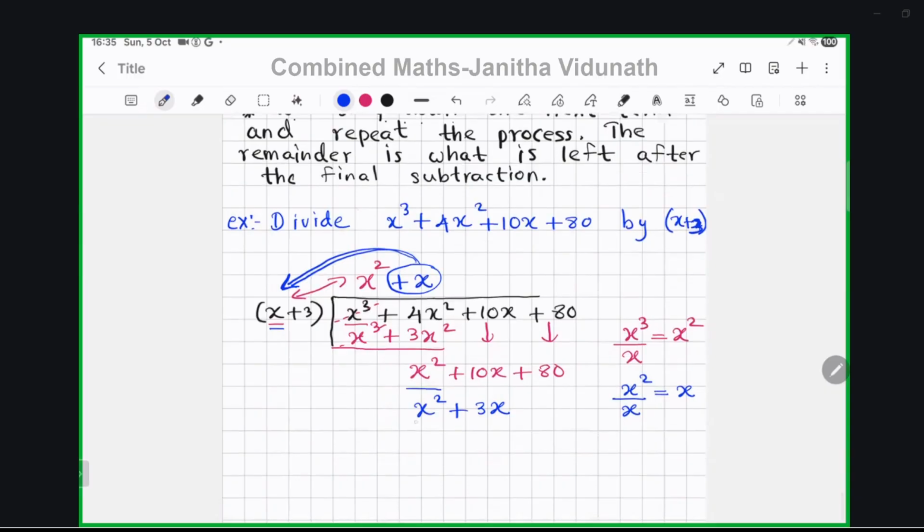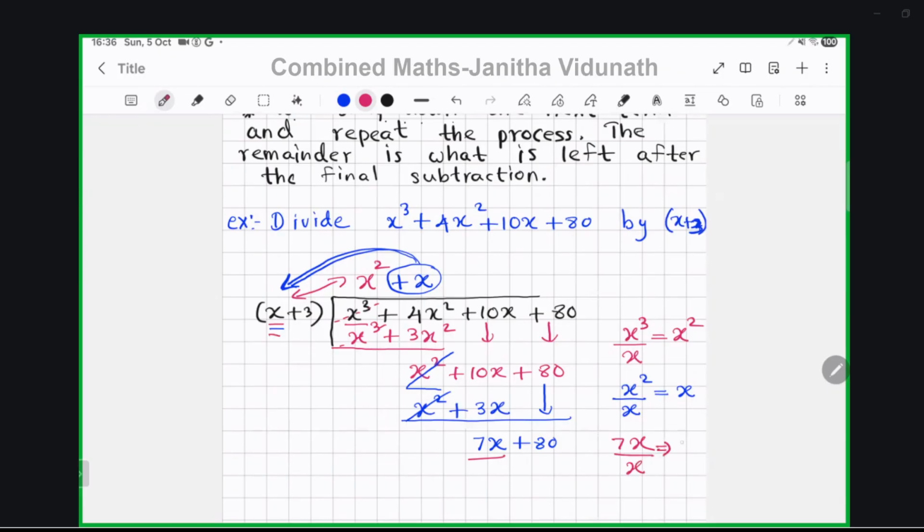Then we need to subtract those two terms. Then x squares are cancelled out. Then 10x minus 3x will give 7x. And we need to bring down our plus 80. Now, here the leading term is 7x and our divisor's leading term is x. Now, we need to divide those two.